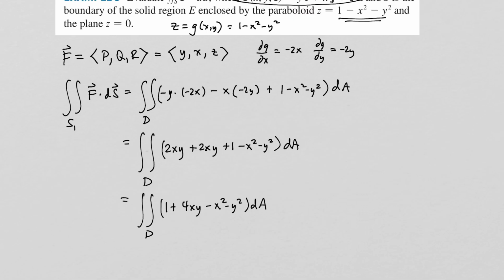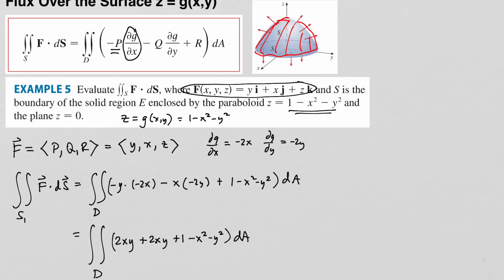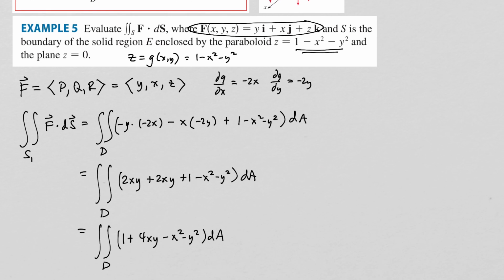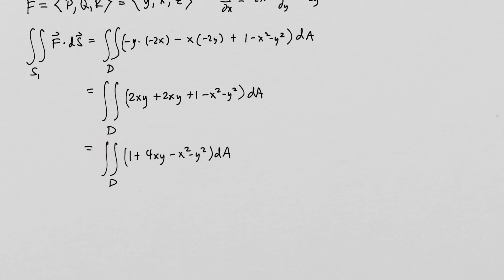Okay, now the region D is kind of complicated. If you once again go back to our surface S1, x and y are in this unit circle down here. So you could do this and give the boundaries described by the unit circle. But of course, this is much easier to do if we just change it over to polar coordinates.